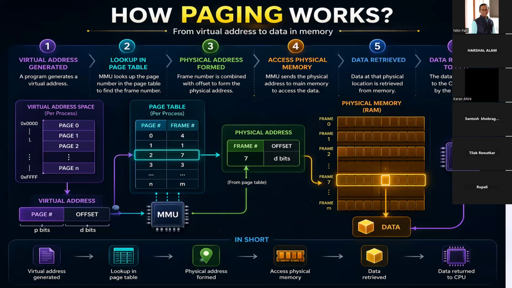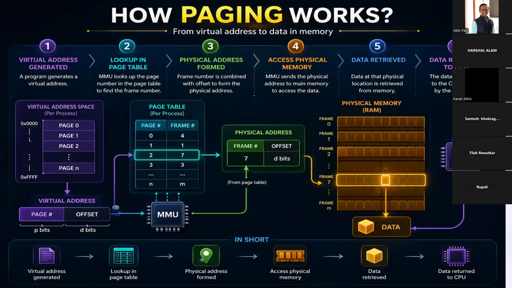It locates the required page on the disk and finds a free frame in the RAM. Now, if memory is full, it selects a page to remove using a page replacement algorithm. For example, what we are going to discuss later, like first in first out, least recently used, or optimal. There are multiple algorithms, but we are going to concentrate on three.